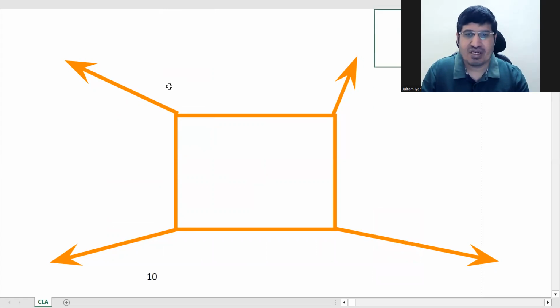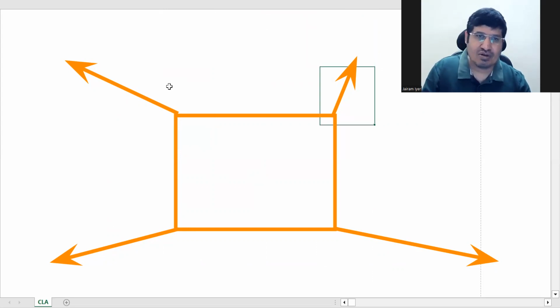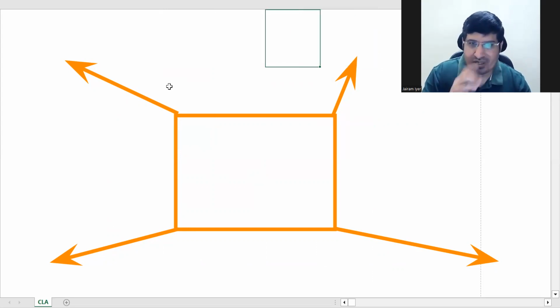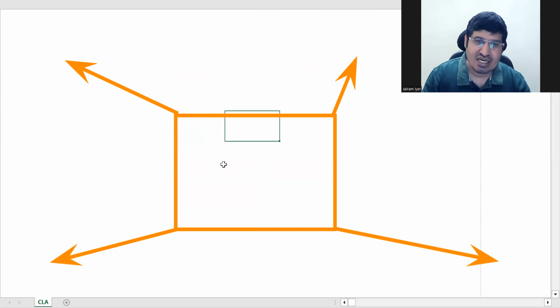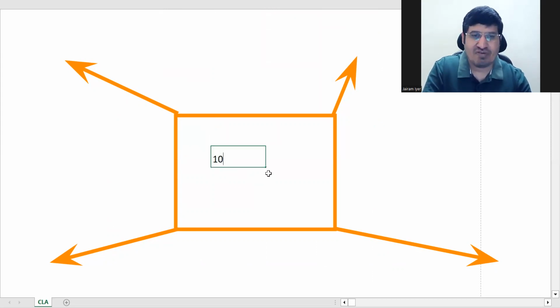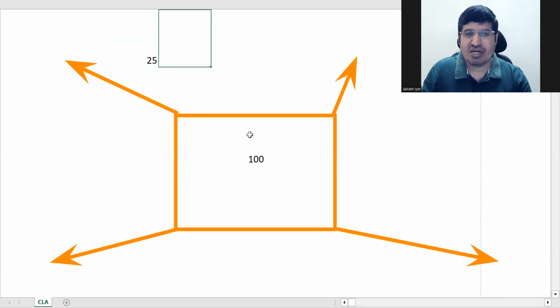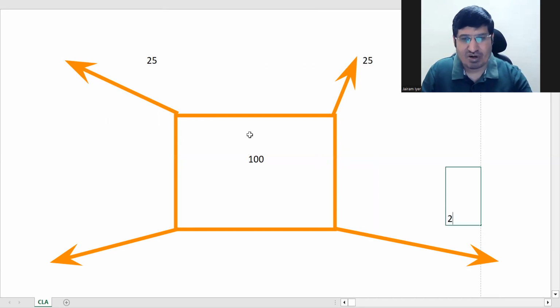So instead of investing the whole 100 in one place, if I keep four small factories, I've invested 25 here, 25 here, and so on. If I do it like this, then I can avoid the transport cost, correct?